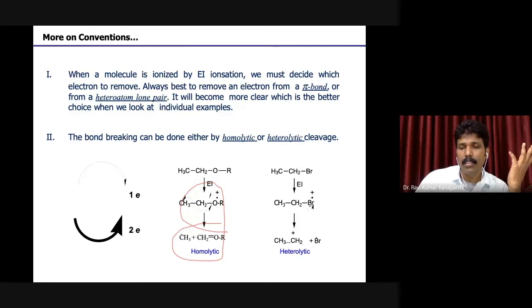Another example is shown here, heterolytic cleavage, where two electrons are shown moving. Here you can see the heteroatom is bromine; this is ethyl bromide. The molecular ion is shown on the bromine, and the bromine can take two electrons, shown by a full arrow, and then the bromine radical may be liberated, leaving behind the cation.